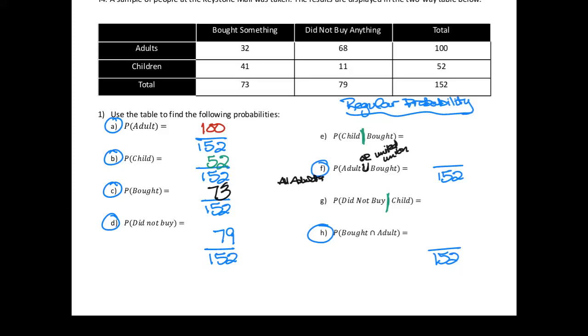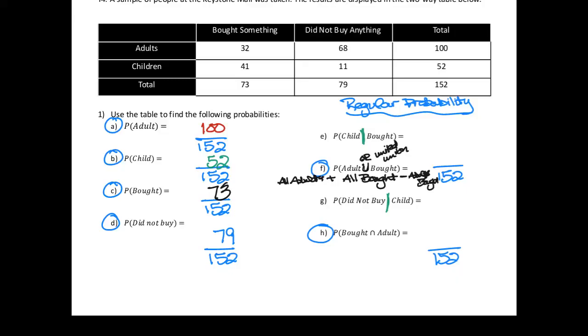That means I need all who bought something at Keystone. But within those two groups, I need to subtract the ones that are adults who bought at Keystone, where there is an intersection.